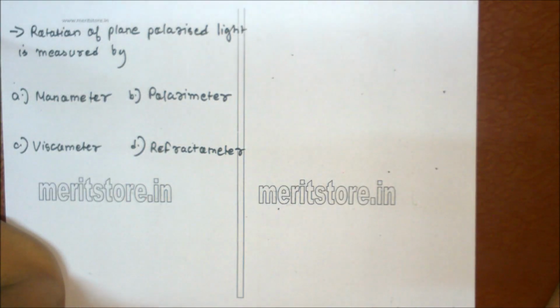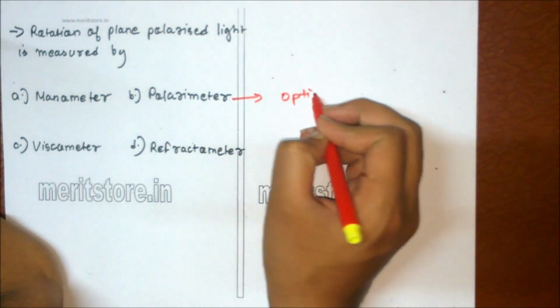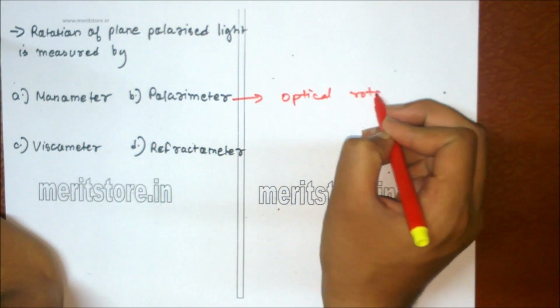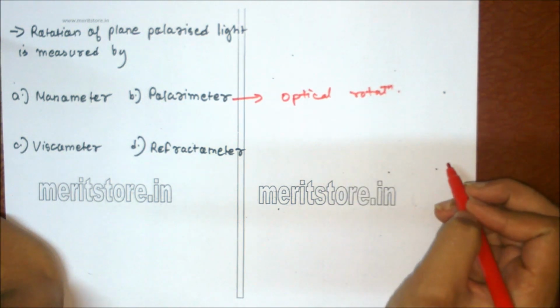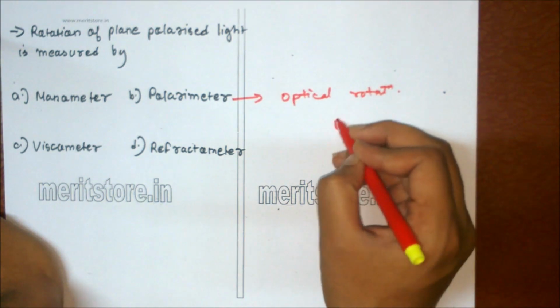Rotation of plane polarized light is measured by: A. manometer, B. polarimeter, C. viscometer, D. refractometer. A polarimeter is an instrument used for measuring optical rotation. It consists of two nicol prisms, one called the polarizer and the other called the analyzer.